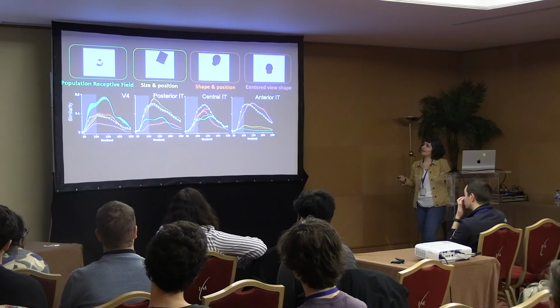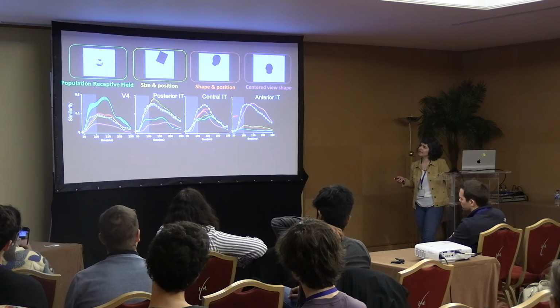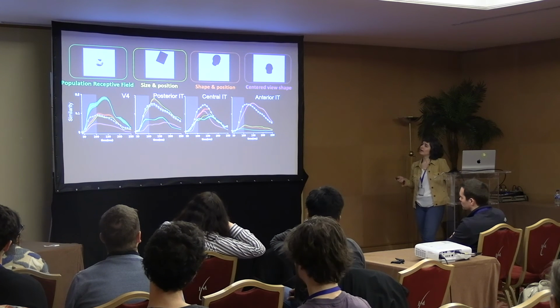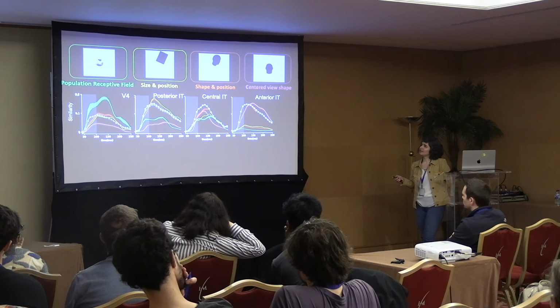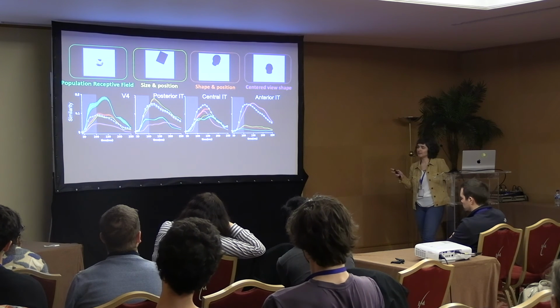And so let's have an overview of this. We can see that mostly the first part of the response is still better explained by ResNet 50. But as we go later in time, we get the interpretable features higher.